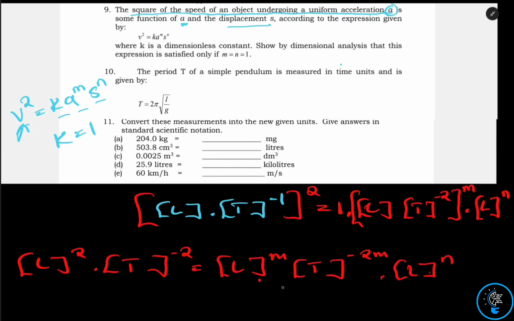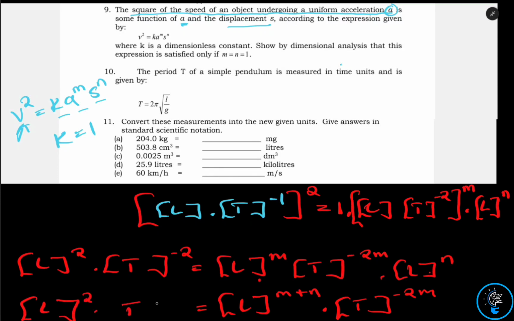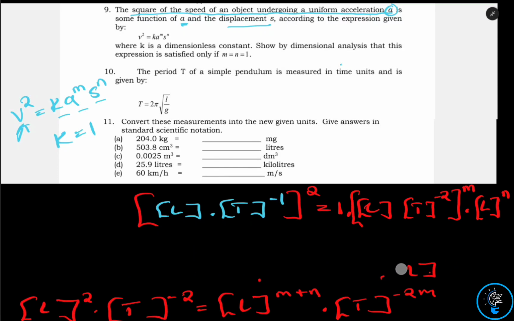Now we know that this one and that one can combine, and we're going to get L to the power m plus n dot t to the power negative 2m. This side we have L to the power 2 and t to the power negative 2. Okay, let's create some space.